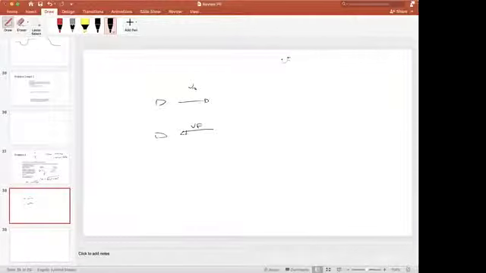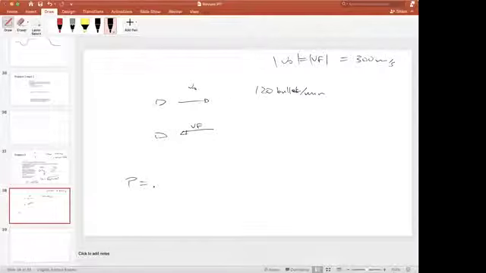It says that V initial and V final have the same magnitude of like 300 meters per second. And they give you that there's like 120 bullets per minute, okay? And they want to know the power of that, which is the work over time.